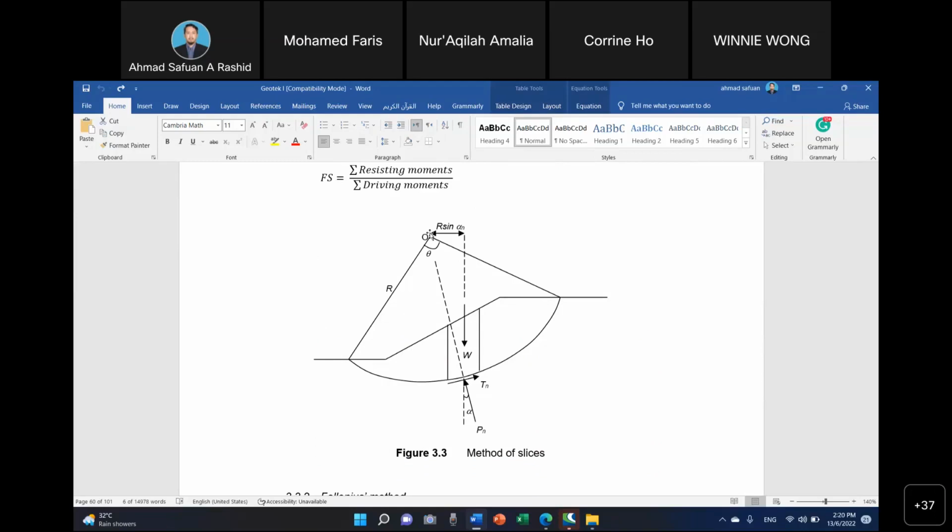The second thing is, for every slice, you need to include the geometry, which is the height and also the width of the slice. Then you need to determine the center of each slice.